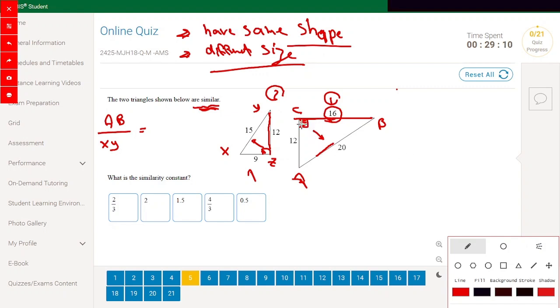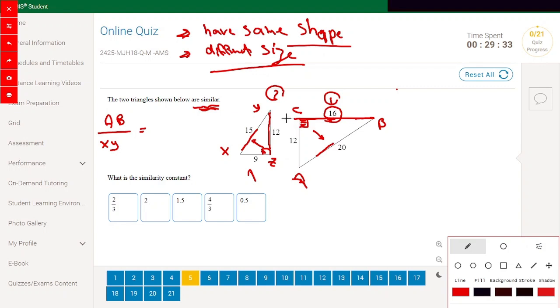How do we get to know that these sides are similar? Here we have these two triangles in different locations or different rotation. All you have to do is find any of these angles and rotate the triangles to be in the same position, so you will know which side is similar to which side.